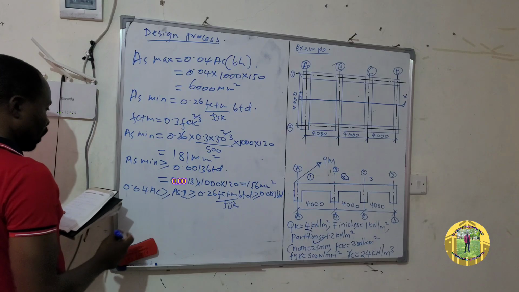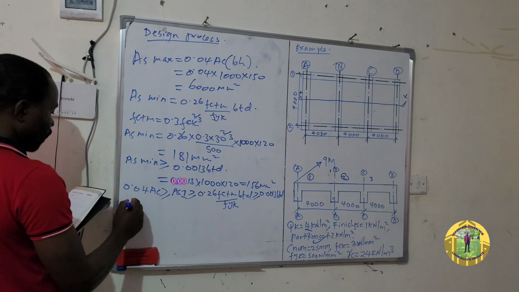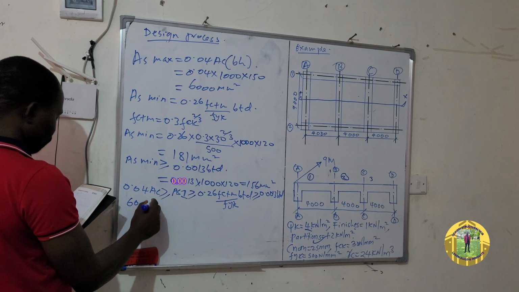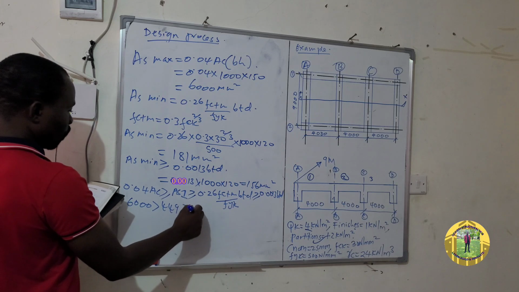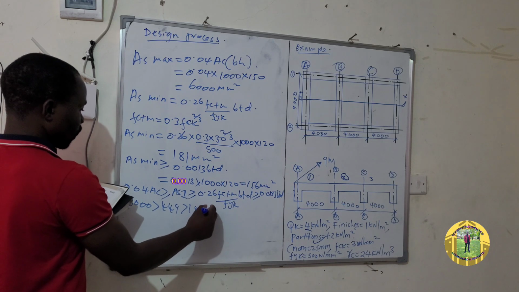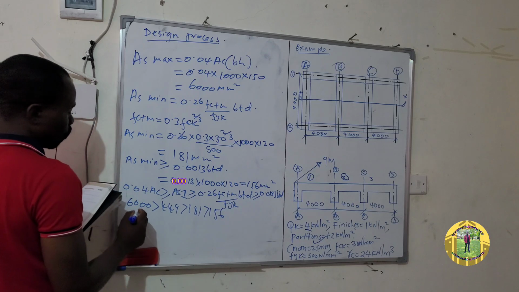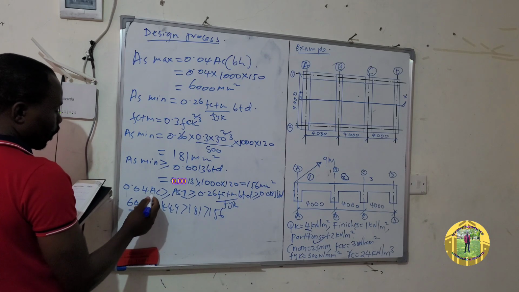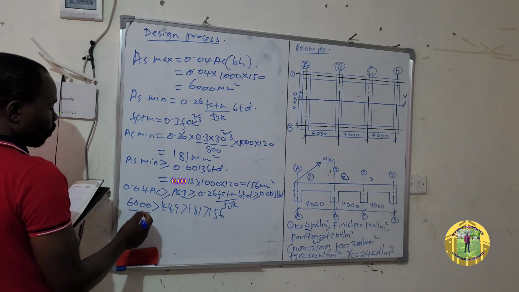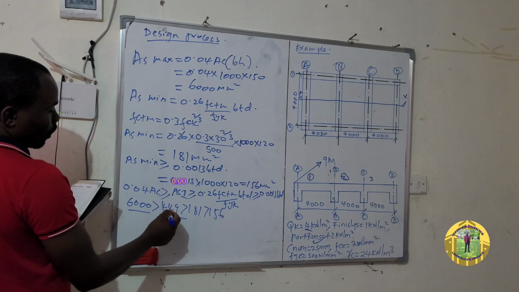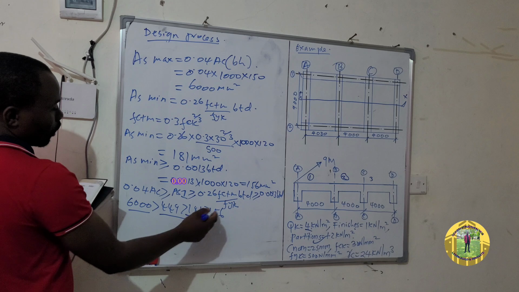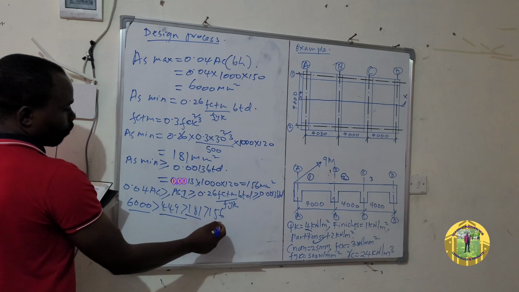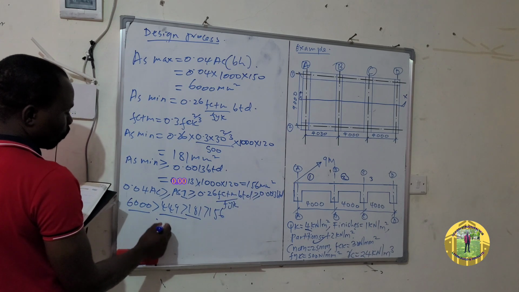So as you can see, everything is okay, whereby 6,000 is greater than 449, which is greater than 181, which is greater than 156. So 0.04 AC is the area of steel provided. 181 is this one, and then 156 is this one. So therefore, okay.